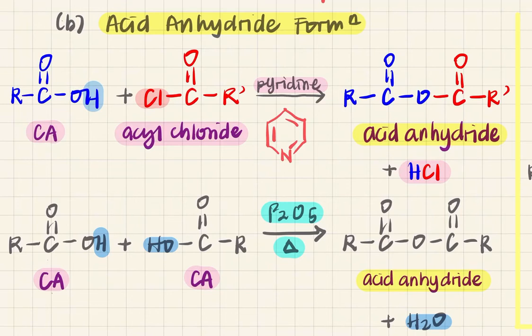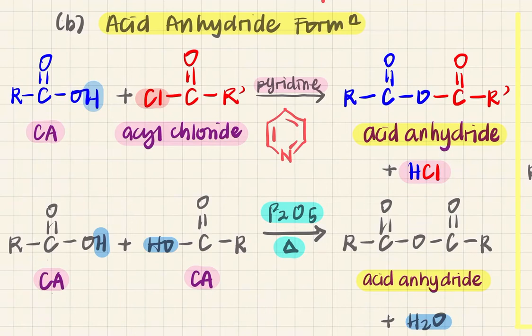Okay, the other way for you to form acid anhydride is by reacting carboxylic acids with each other. Okay, so it can be the same carboxylic acid, the same exact R group, or it can be different one. So depends what kind of acid anhydride you want to form. So this reaction will take place in the presence of P2O5 while being heated. Okay, beza daripada guna acyl chloride tadi, when you use carboxylic acid, okay, macam formation of ester juga, the byproduct is different.